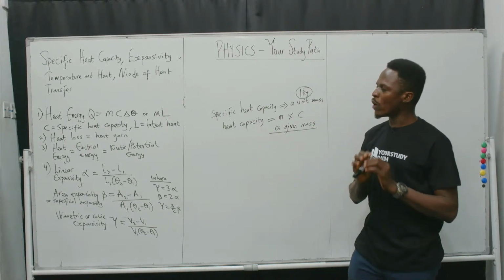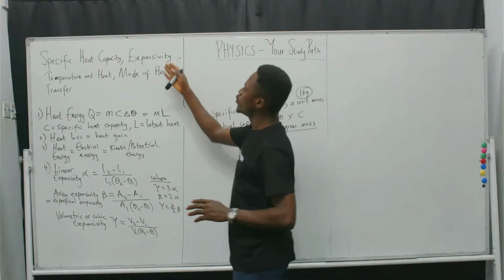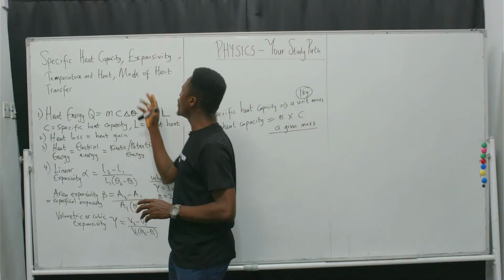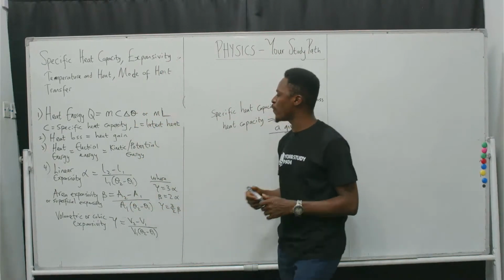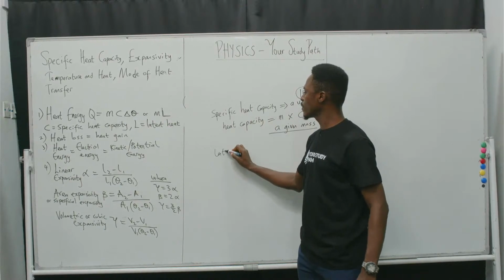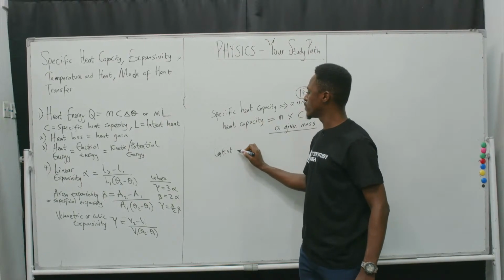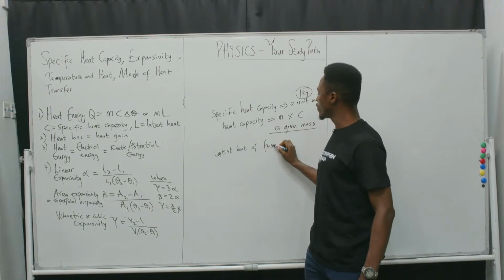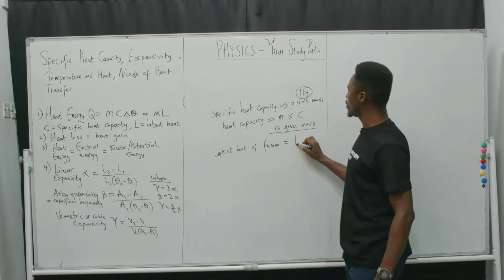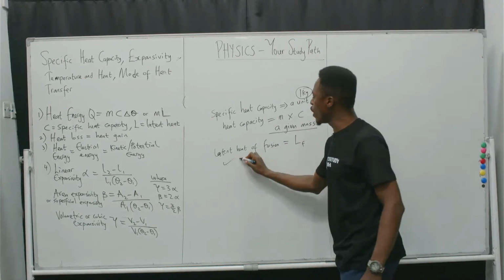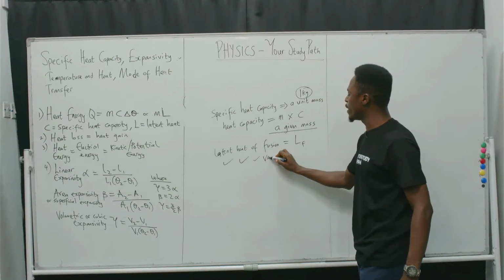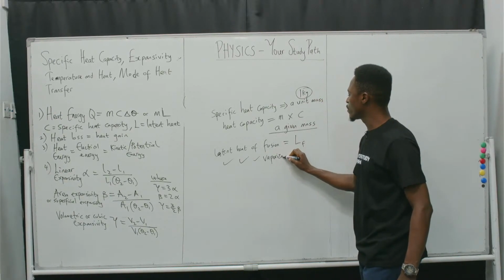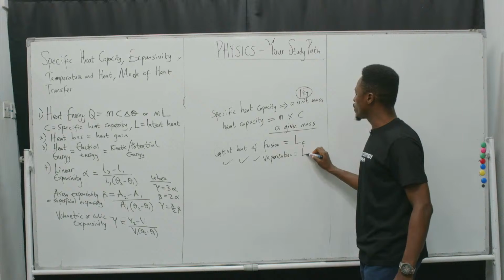Note that. So having that cleared out of the way, when we make reference to latent heat, which is the letter L, you can have latent heat of fusion, which is labelled LF, or latent heat of vaporization, which is LV.